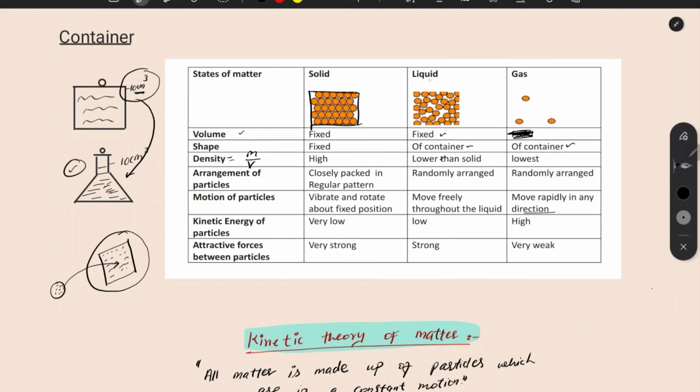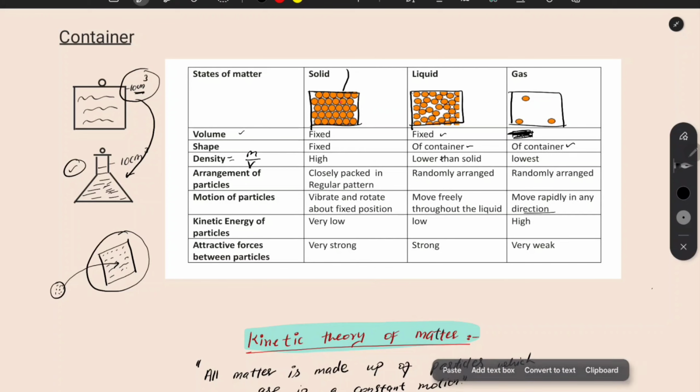In this small volume, small container, if you have all three states in a similar container, you can see that the particles are much closer and denser in that particular volume in the case of solids. And for liquid, these are less dense, with fewer particles or less mass present in that particular volume.